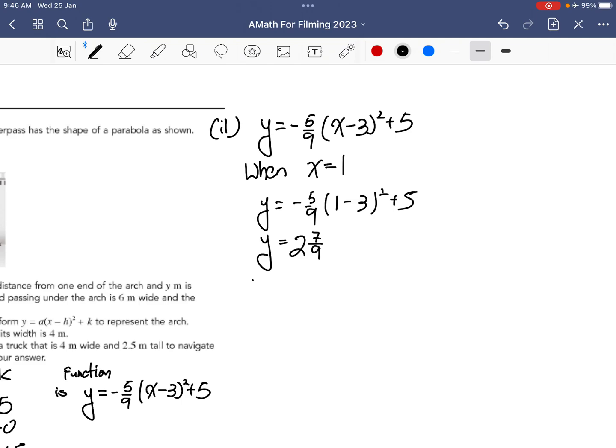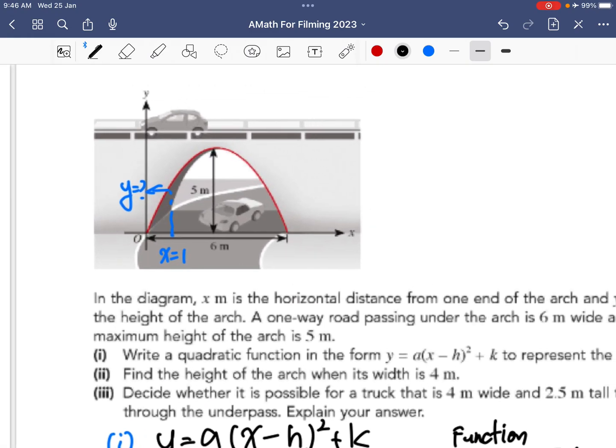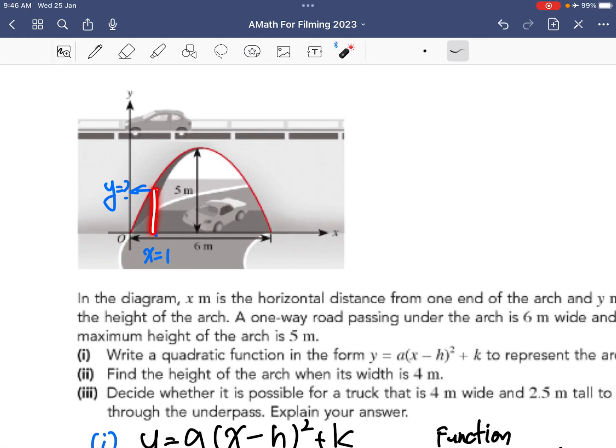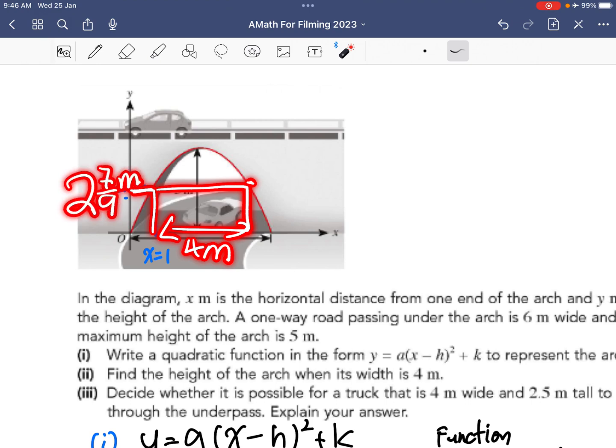So this means that when the width is 4 meters, the height of the arch is 2 and 7 over 9 meters. So from the diagram, from all our calculations, if the width is 4 meters, here this is 2 and 7 over 9 meters.